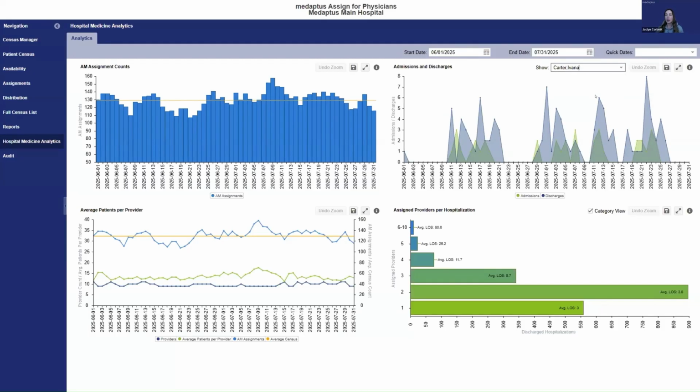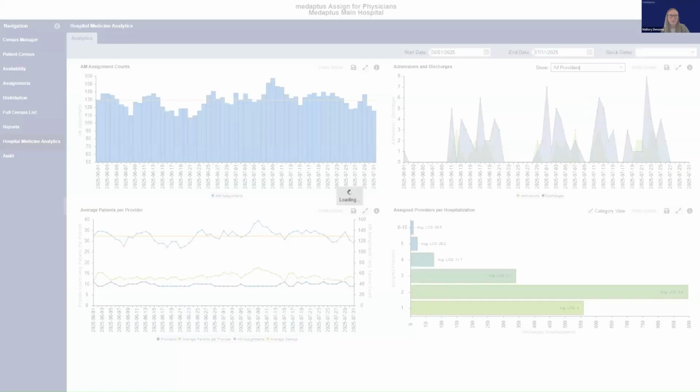So you can see how each team member's information is trending over time. Again, great for spotting patterns. You can see the variation in the workload and patient flow between the different providers. This is good for identifying who's managing higher admission volumes, or if one provider's discharge rate is consistently higher than others.